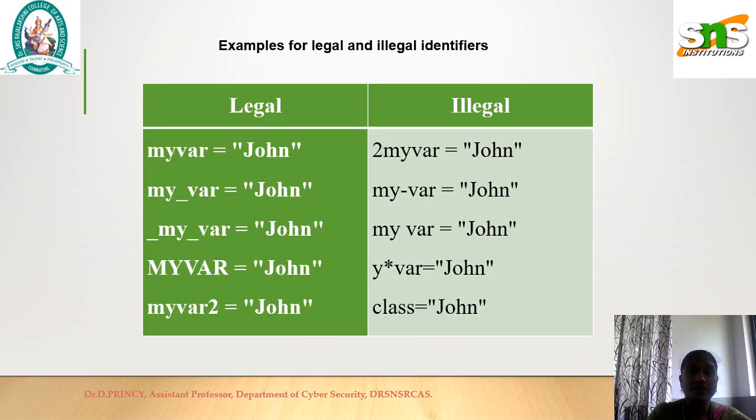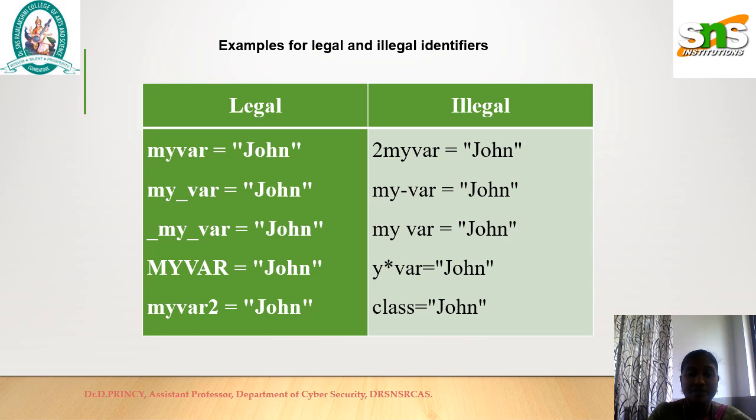These are sample legal and illegal identifiers in Python. myvar, my_var, _my_var, because a Python identifier can start with an underscore also. myVar2 contains a digit also.